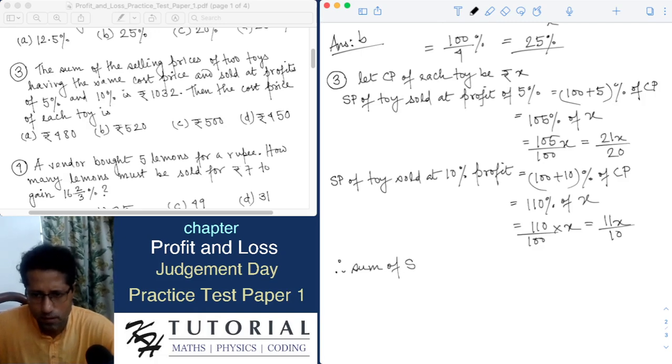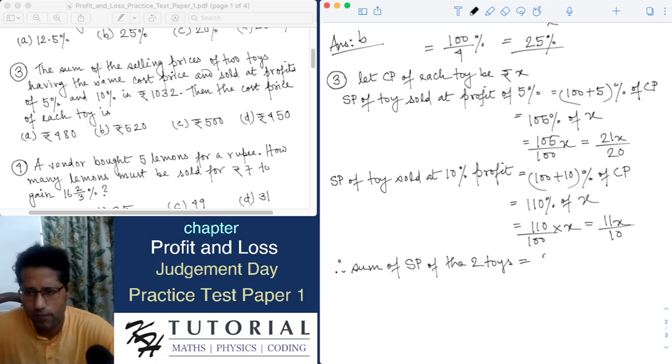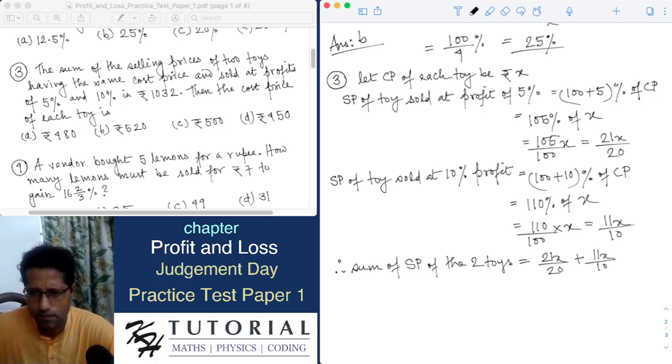of selling price of the two toys is equal to 21x by 20 plus 11x by 10. If you simplify this, this is 22, so 43x by 20.